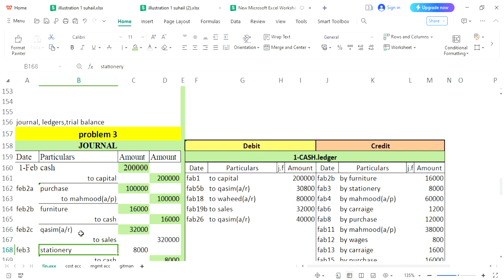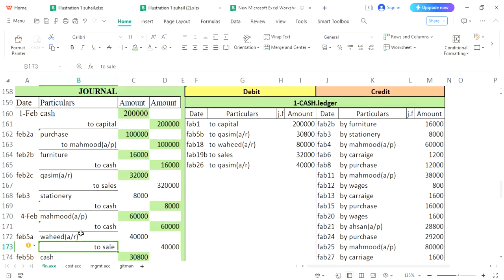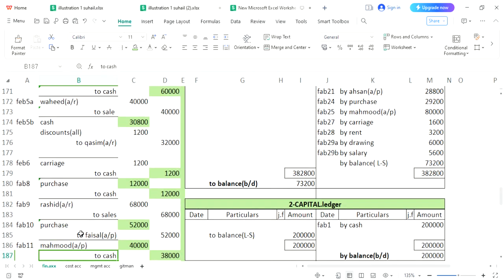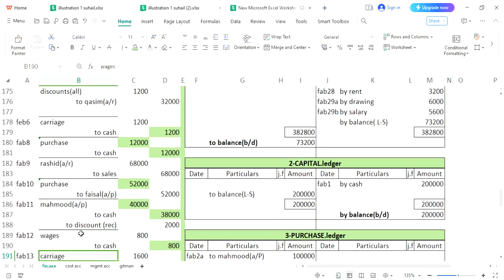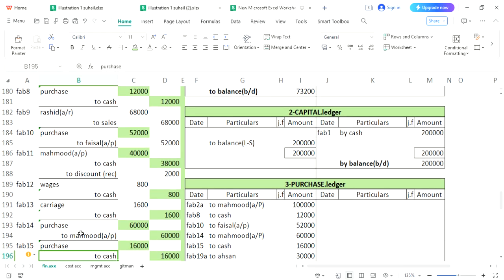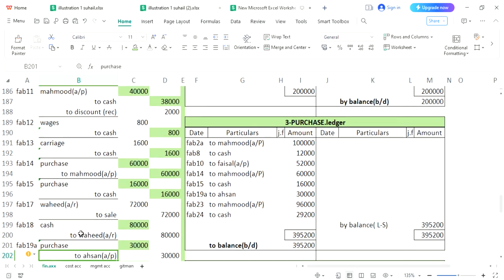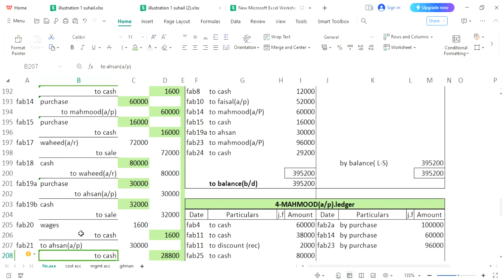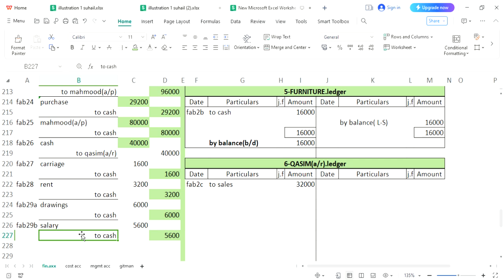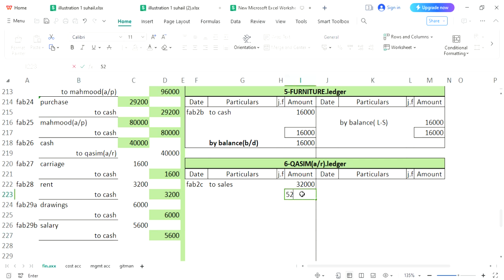We are making Qasim's ledger. Let's start our journey to search for Qasim once more. Here we are responsible for searching Qasim, whether it is present on the debit side or the credit side. We have found Qasim on the debit side, 52,000.